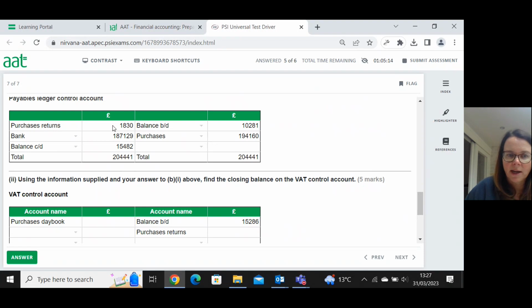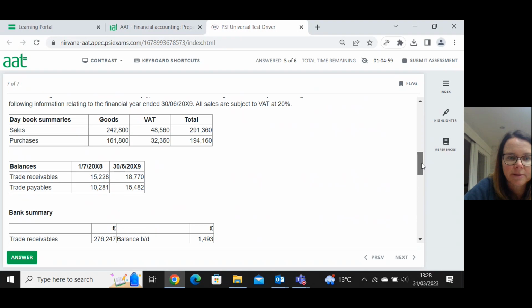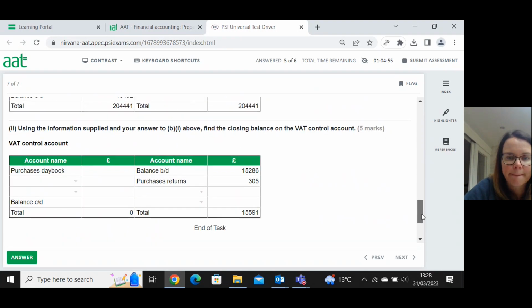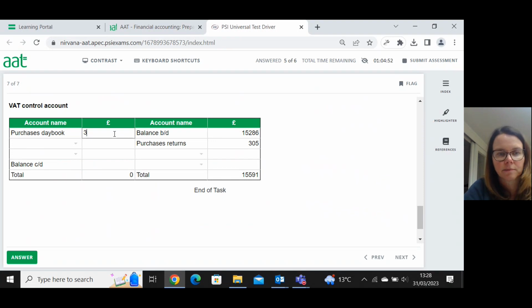If I've got 1830 there, which is the gross, if I divide it by 6, I get 305. And then the purchase day book, I've got the VAT figure up here, I think. 32360. Okay.